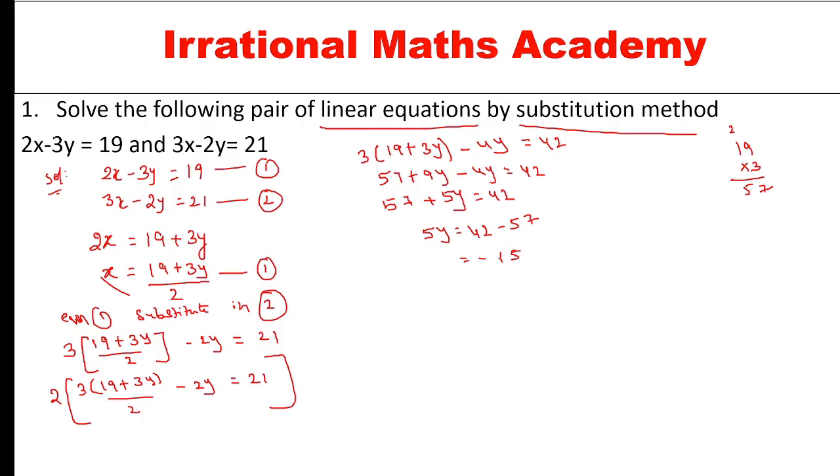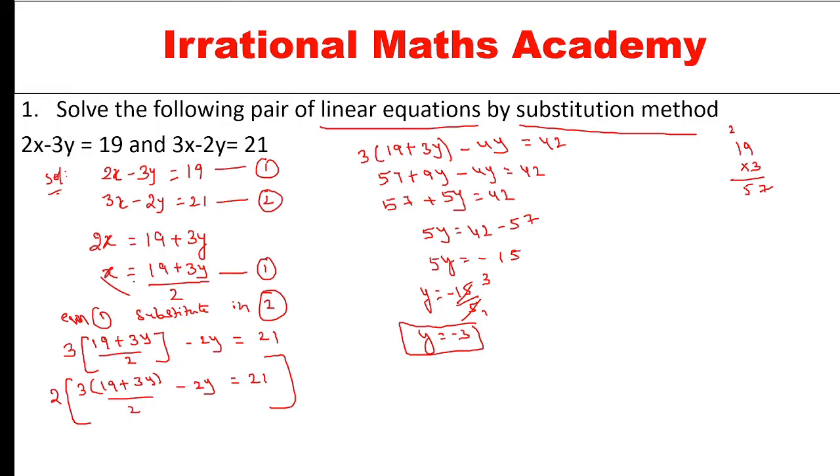Let me check: 4 plus 1, 5; 2 plus 5, 7. Okay, so 5y equal to minus 15, y equal to minus 15 by 5, y equal to minus 3. So I got the y value. Now substitute in either equation 1 or equation 2 to get the answer.